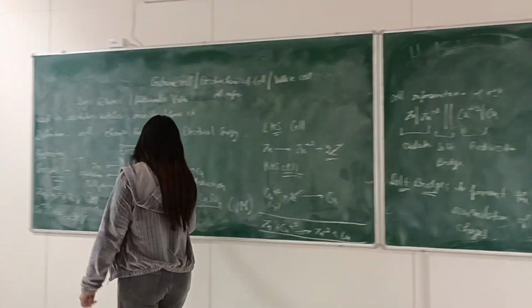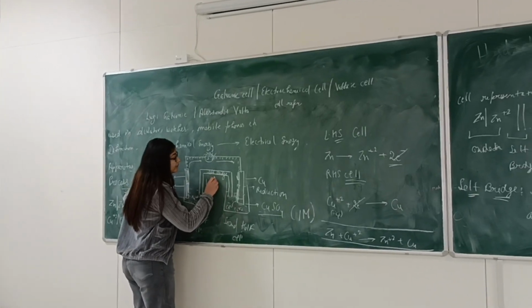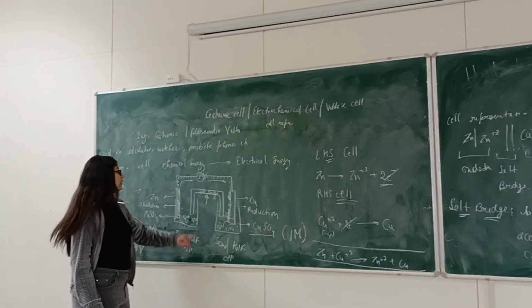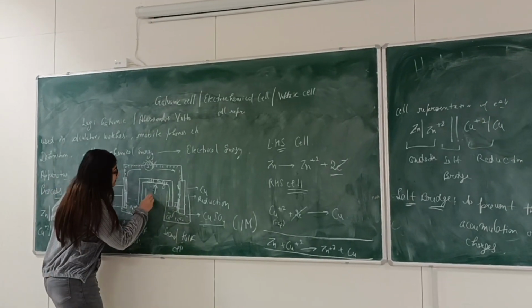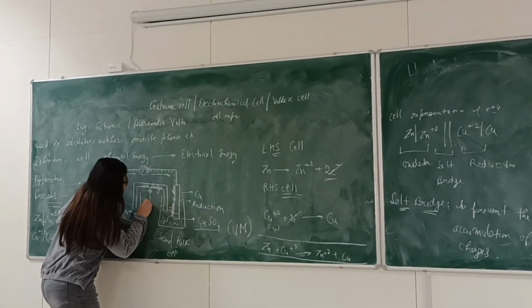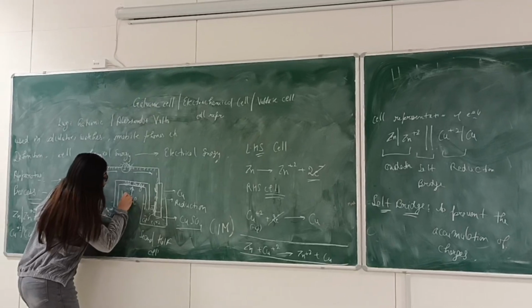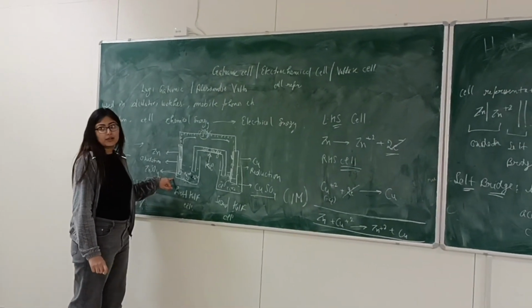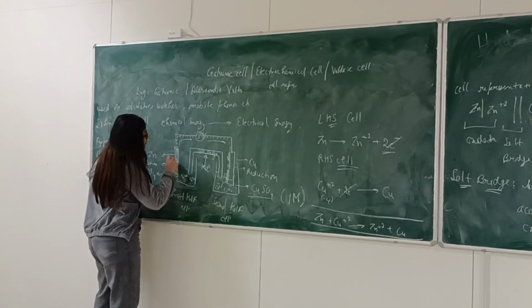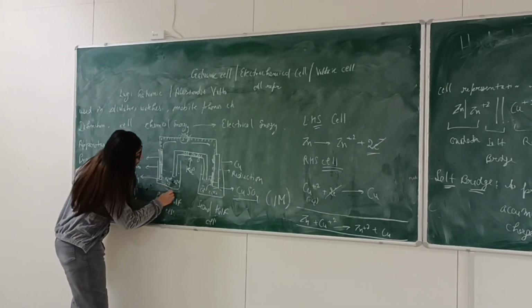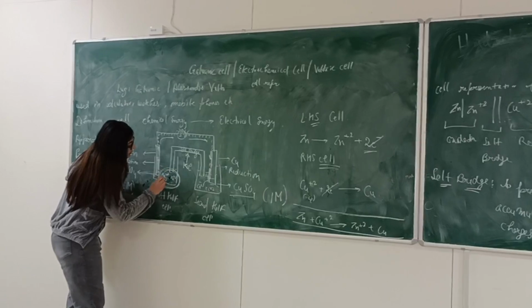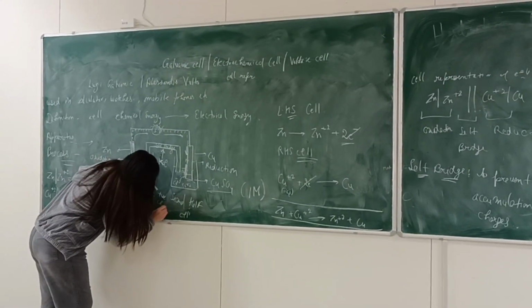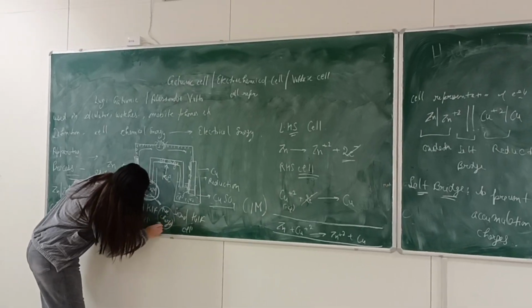As the name suggests, it is a salt bridge. That means salt is placed in this salt bridge, mainly KCl, which plays a very important role. Now let's see how the charges are accumulating. As the zinc is converting into zinc 2 positive, the positive charge is increasing here.